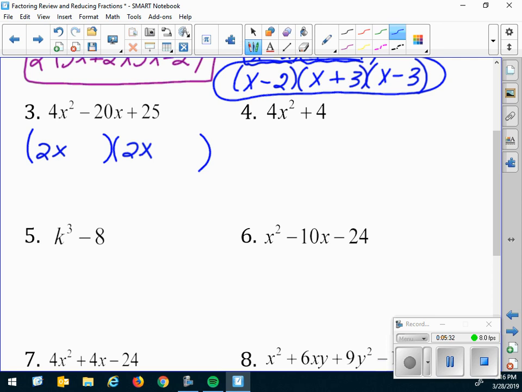Do you want to try 25? You want to try 5 and 5? Well, I don't know. What are our signs, you think? What's this? That's negative 10x, and that's?